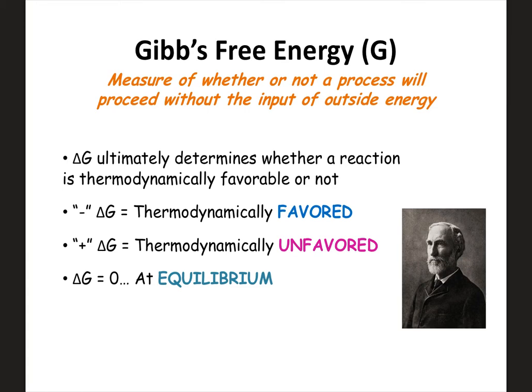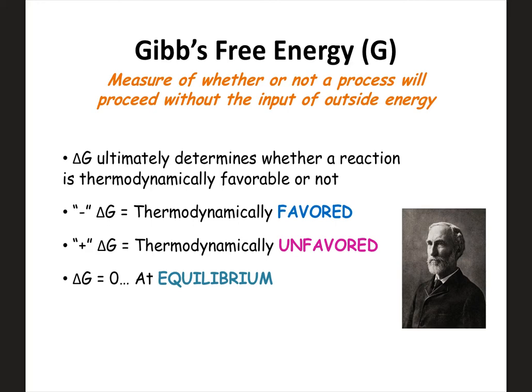So basically, by looking at this delta G, this free energy change, we can determine whether a reaction is thermodynamically favored or not. So it's kind of going to look at your delta H, it's going to look at your delta S and see if we have a thermodynamically favored reaction or not. If you get a negative value for your delta G, that means a reaction is thermodynamically favored.